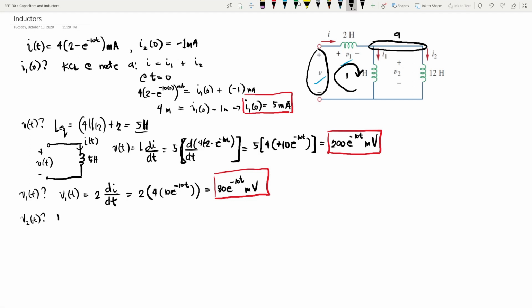So KVL at loop 1, we have negative V of t plus V1 of t plus V2 of t equal to 0. So we have these values. So V2 of t is equivalent to 120 e to the negative 10t millivolts.